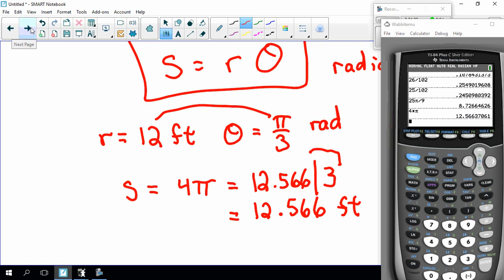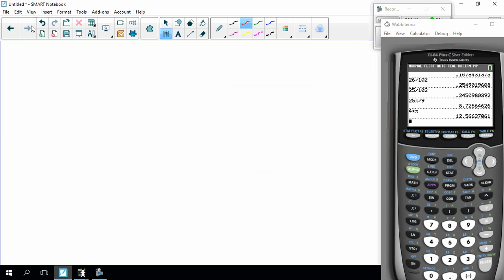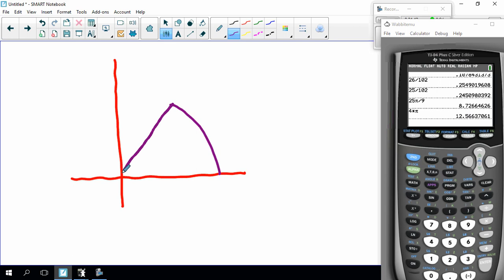Now, we got another formula. One more. Same deal. We got an arc. And let's say theta, let's try to pick a nice angle, 40 degrees. Actually, it looks more than that. It doesn't really matter.